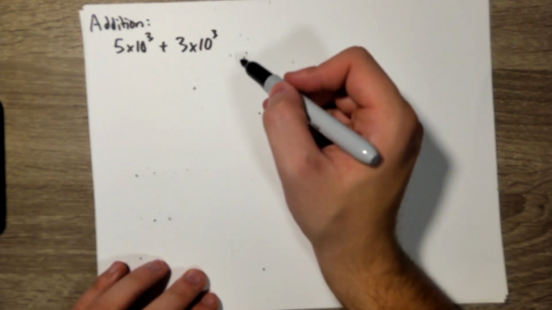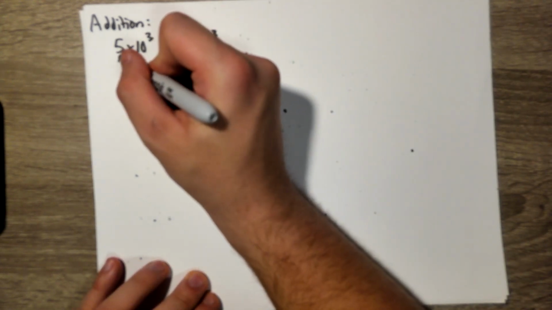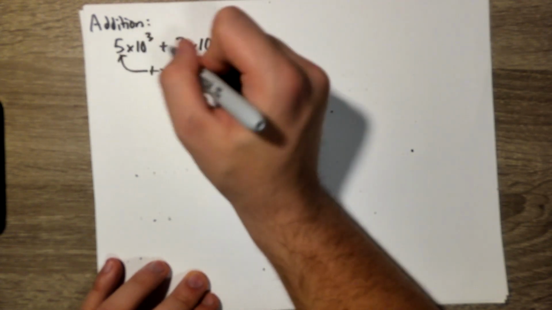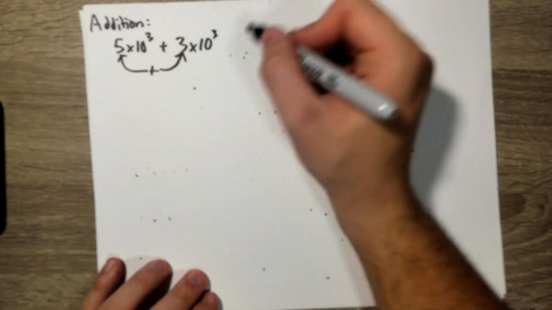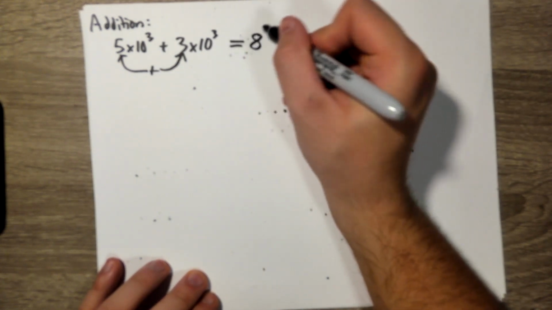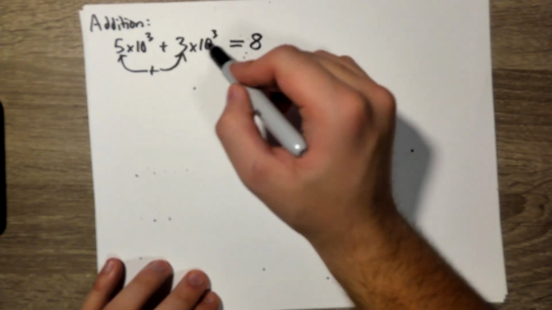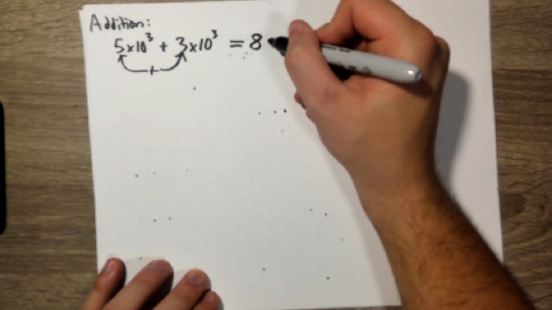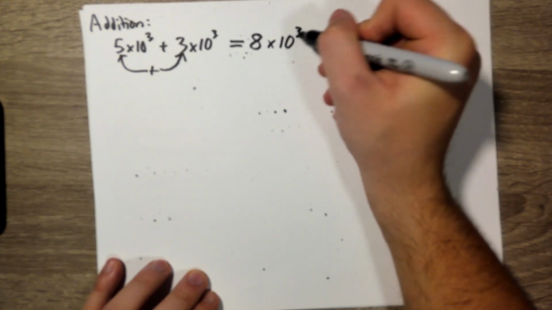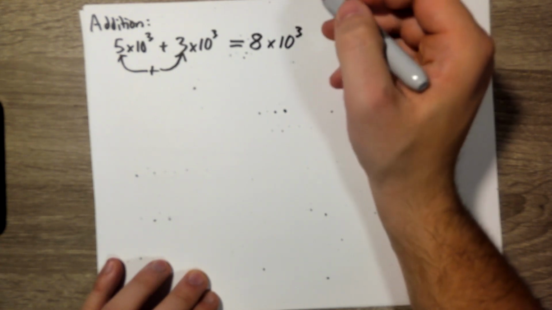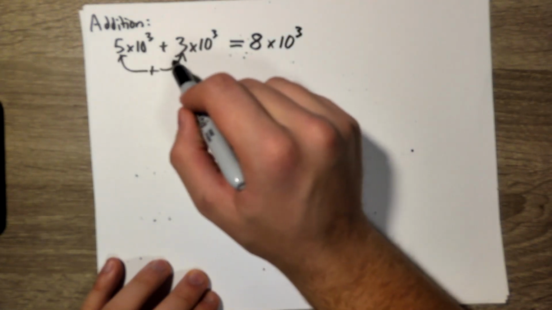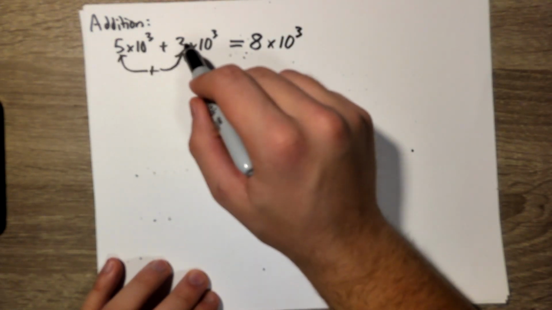For addition, we first add the A values of each number. So that equals 8. Since the exponents are the same, we can just tack it on the end, because it's the same exponent.